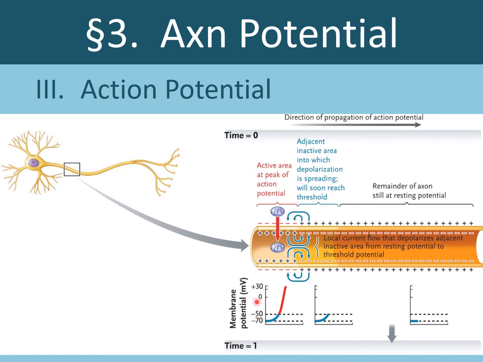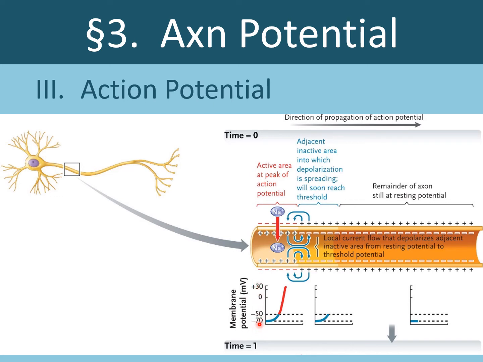Down below you can see a graph that depicts this change in voltage in each subsequent area of the axon. So way to the far right, nothing has happened yet, and so the voltage is still at rest, negative 70 millivolts. But over here near the initial segment, sodium's rushed in, and you can see the voltage measured in millivolts here on the y-axis.